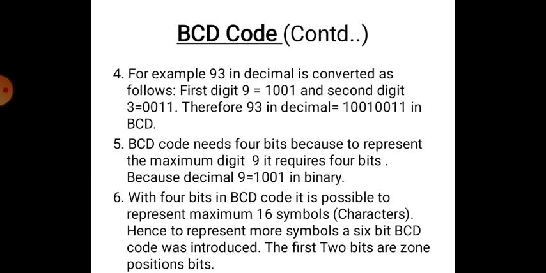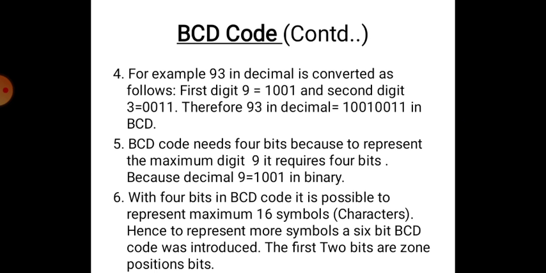With the 4 bits, point number 6, in BCD code it is possible to represent maximum 16 symbols or characters. Hence, to represent more symbols, a 6-bit BCD code was introduced. The first 2 bits are called zone or position bits.